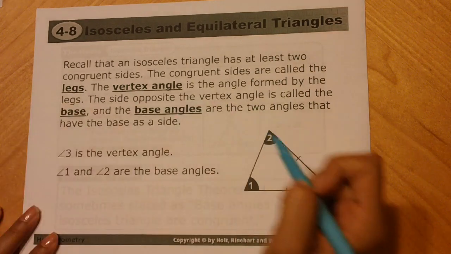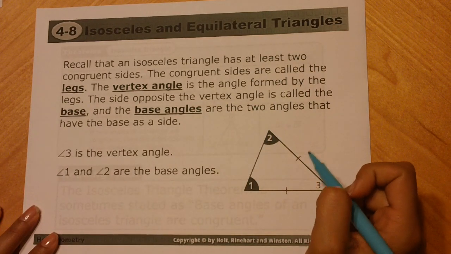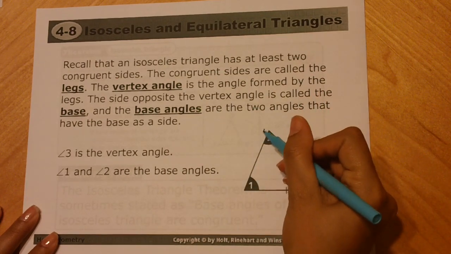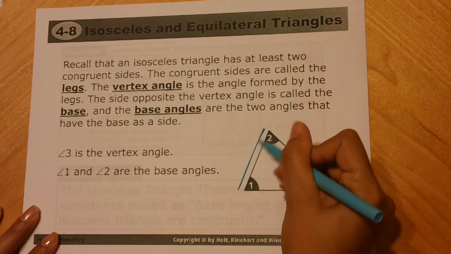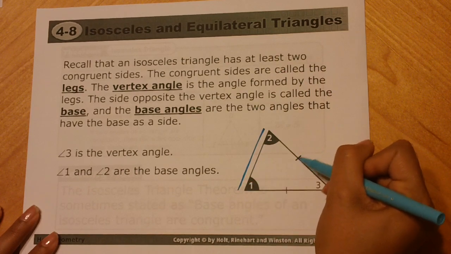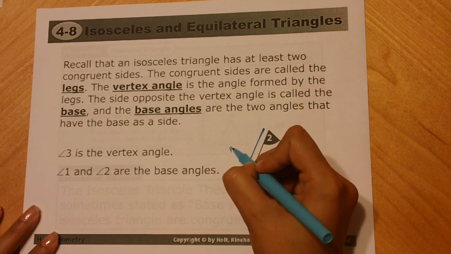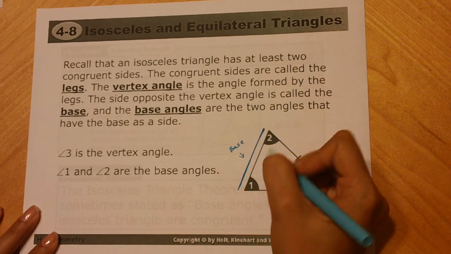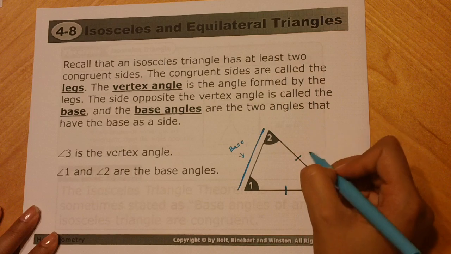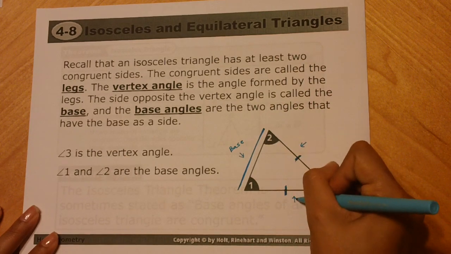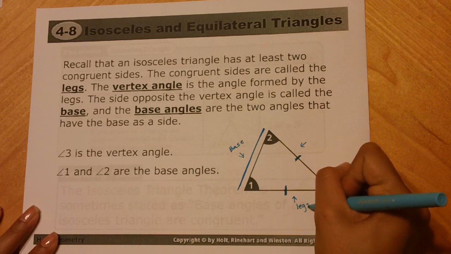Alright, I already talked about when I have an isosceles triangle, even if it's laid on its side, the side that is not one of the two that are the same is always going to be your base. And because that's always going to be the base, these two, the ones that are the same length, are going to be your legs, or the triangle's legs.